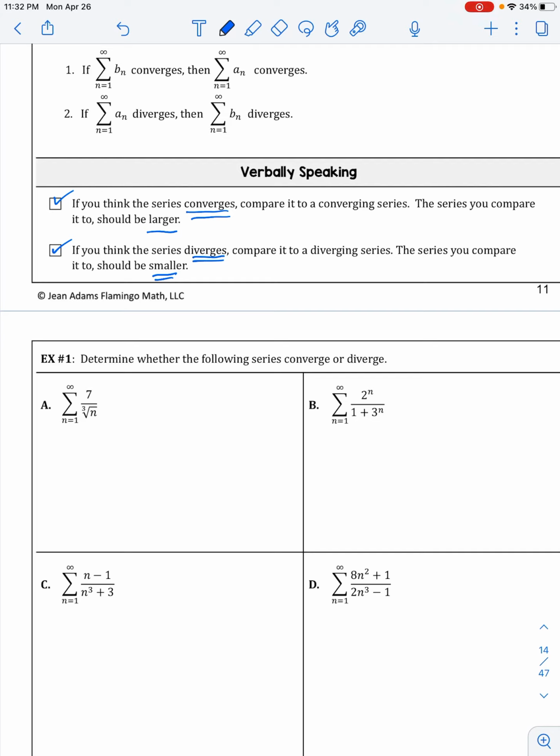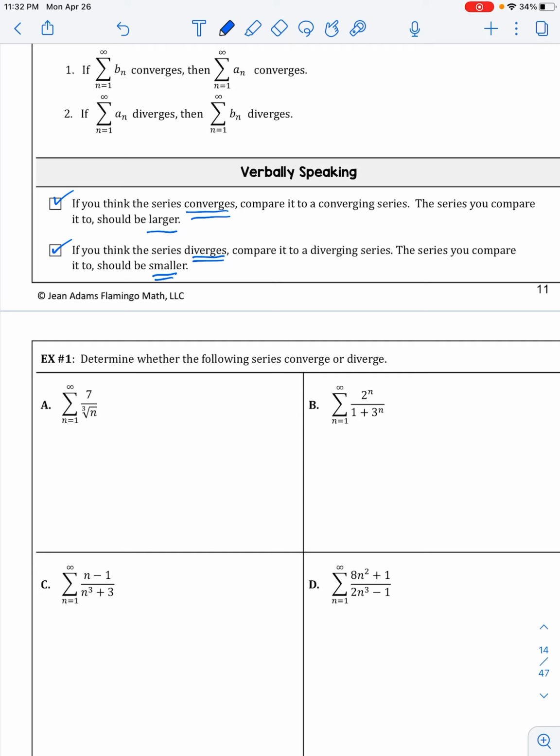So example number 1, determine whether the following series converge or diverge. The summation from n equals 1 to infinity of 7 over n to the 1/3 power. I'm thinking that it might be divergent, okay?